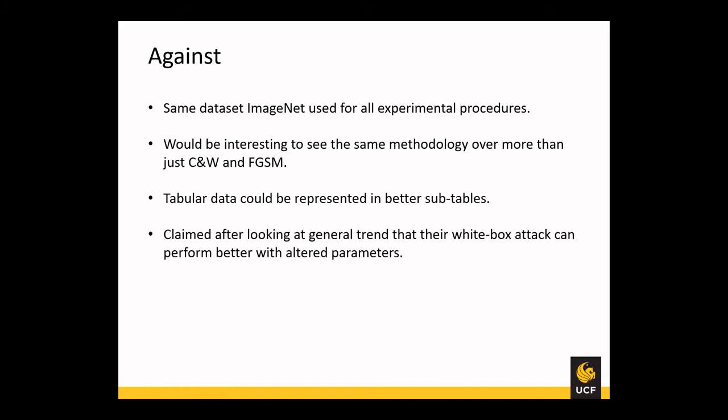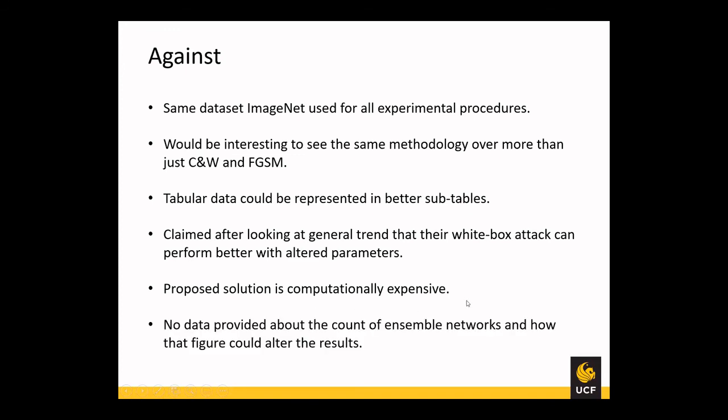Also, they have said that their white box attacks can perform better than other attacks if they altered a couple of parameters. But I would have actually liked to see that updating the parameters is actually doing the same thing that they have claimed. Also, the proposed solution is computationally very expensive and you need high-end hardware to perform these computations.